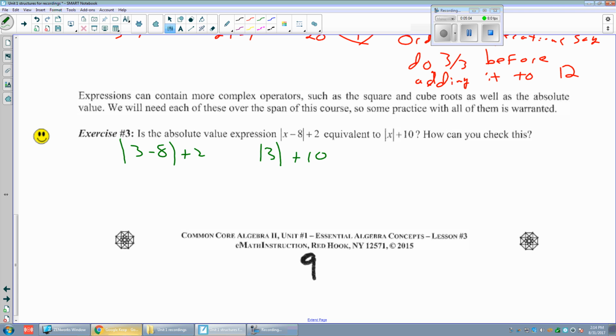Notice I put a 3 wherever there was an x. So we're going to check 3 right here. This is the absolute value of -5 plus 2. This is 5 plus 2 is 7. This is 3 plus 10, 13. 7 does not equal 13. So that didn't work.